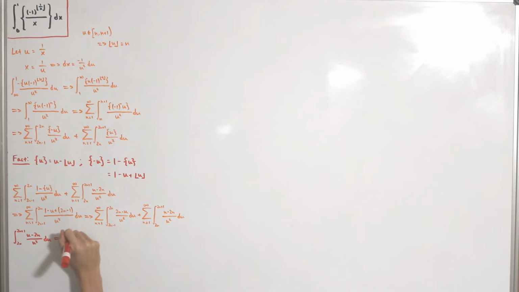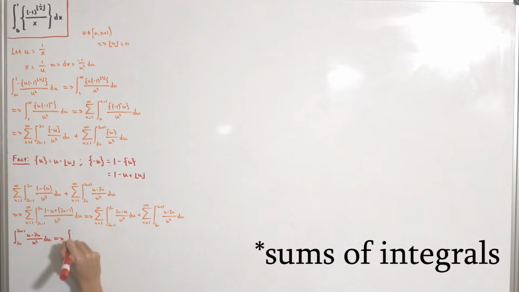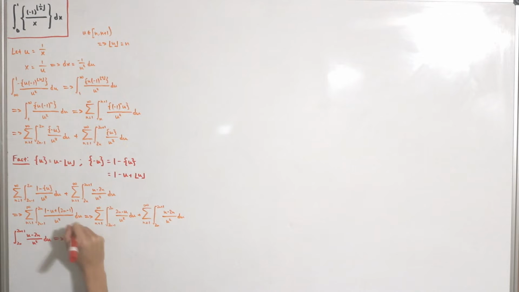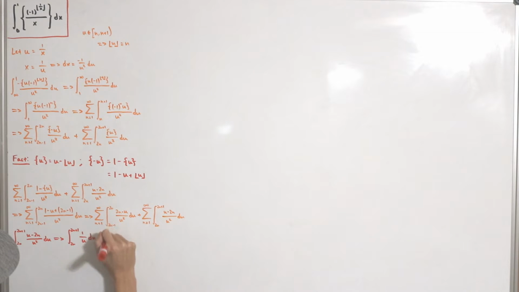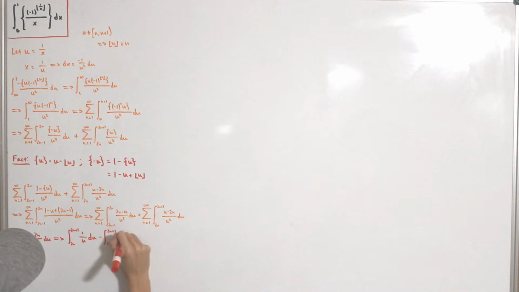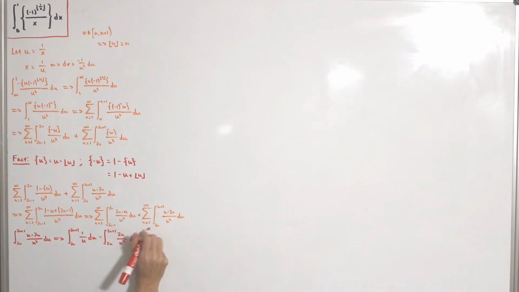I can write this as two integrals because the numerator terms share the same denominator. So this is the integral of 1 over u du, and then minus, same thing, from 2n to 2n plus 1, 2n over u squared.